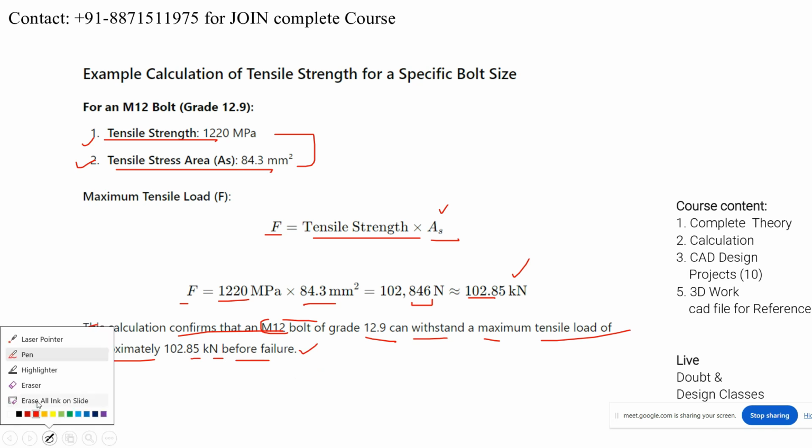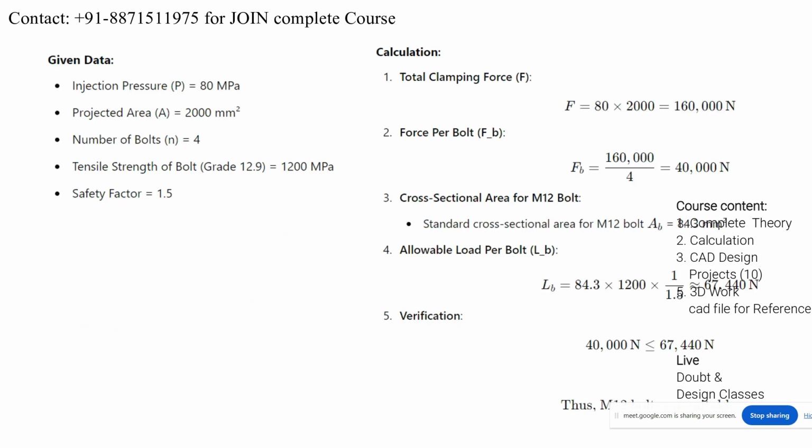Again, for our mold, this is the given data. The clamping injection pressure required to fill the component is 80 megapascal, the projected area is 2000 mm square and the number of bolts is 4. The tensile strength of the 12.9 grade bolt is about 1200 megapascal. I am taking a factor of safety of 1.5.